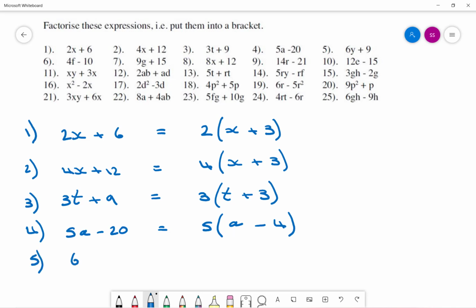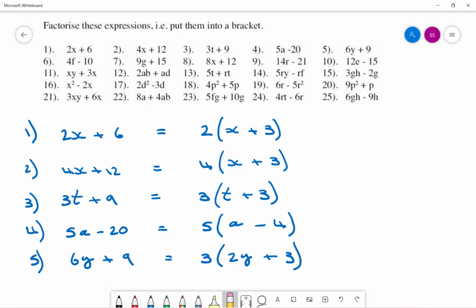For number 5, 6y plus 9. Here our common factor in 6y and 9 is going to be 3. 6y divided by 3 is going to leave me with 2y, and then 9 divided by 3 will leave me with just 3. So there is the top row here to exercise 5.2.